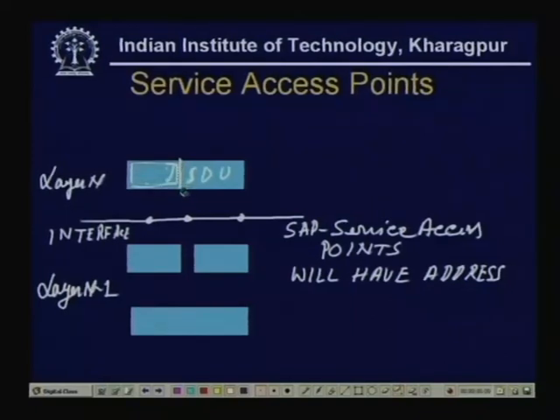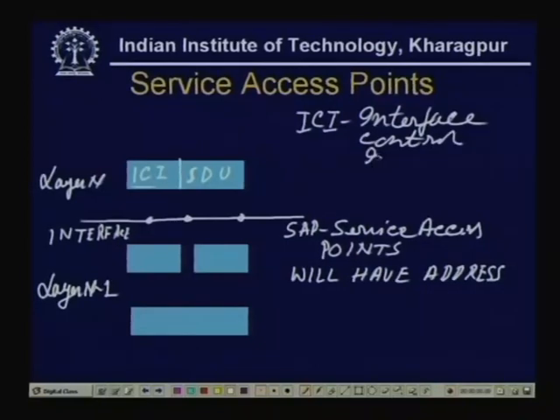This is actually ICI. ICI actually is interface control information. And SDU is service data unit. This is communicated to the service access point and on to the lower layer.